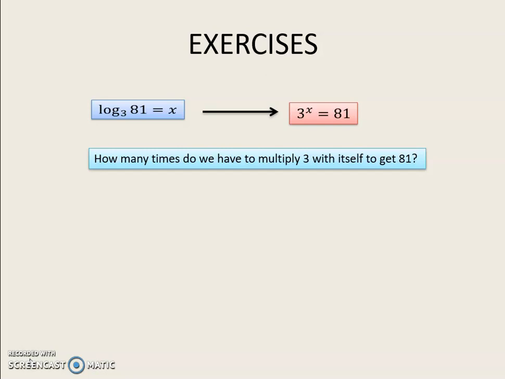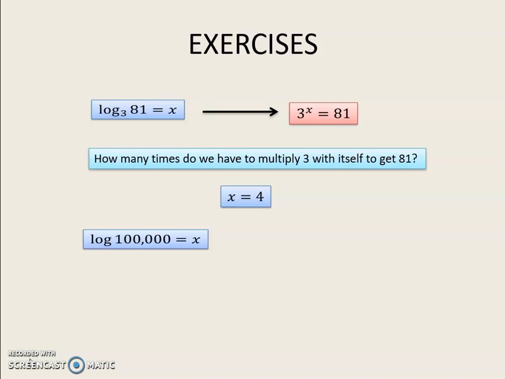And if you have your calculator, you would do 3 times 3 times 3 until you get to an answer of 81. And if you do it correctly, right, your letter x is equal to 4, right? If you multiply 3 four times, you will get 81.